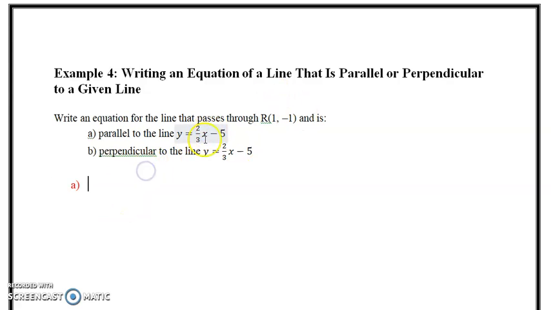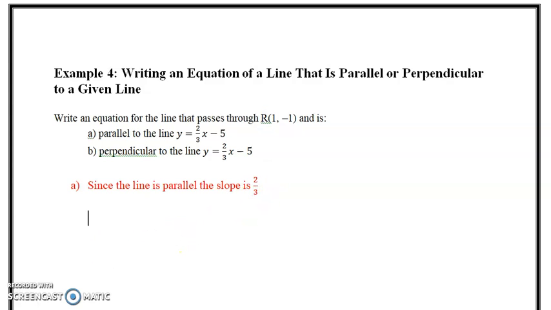So remember, lines that are parallel have the same slope. Since the line is parallel, the slope is 2/3, and it passes through this point, right? What we can do is use the slope point form, because we have a point, we have the slope.